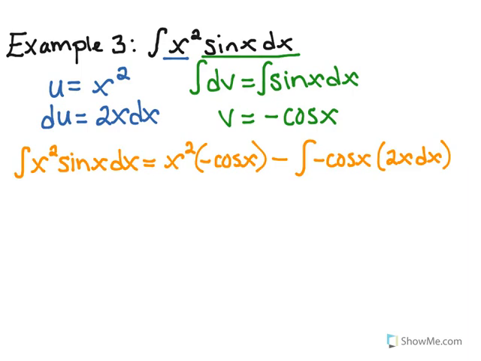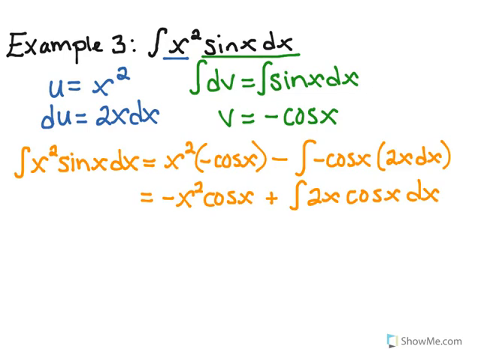And that's because I'm going to have a double negative in the middle here, so that's going to become plus the integral of the positive instead. So if I just clean this up a little bit, I'm going to have negative x squared cosine x plus the integral of 2x cosine x dx. All right, so that's the first step.